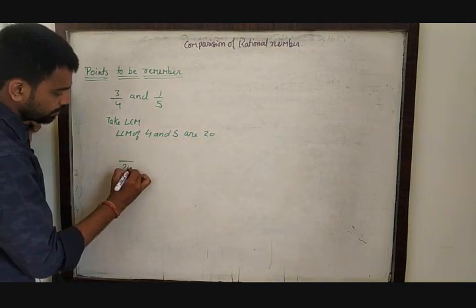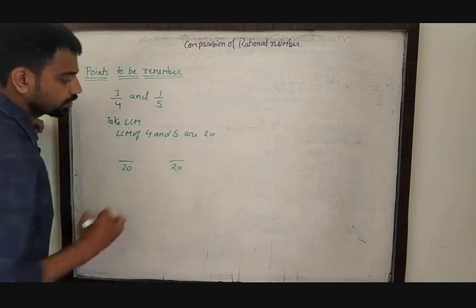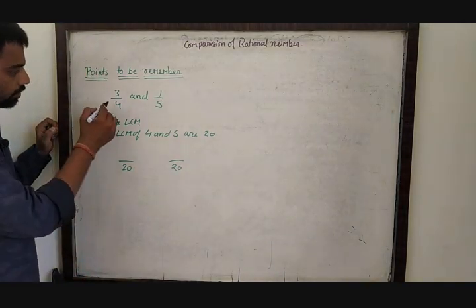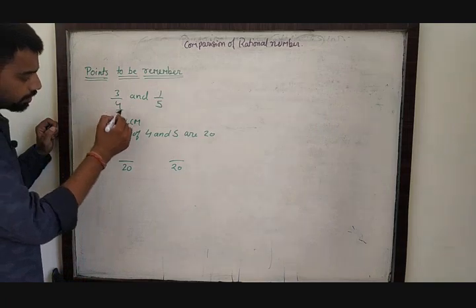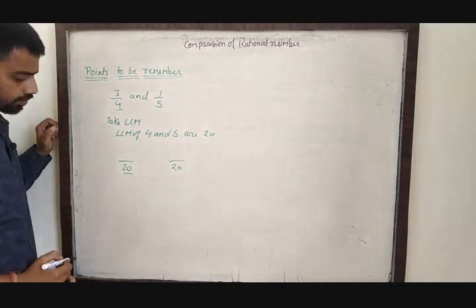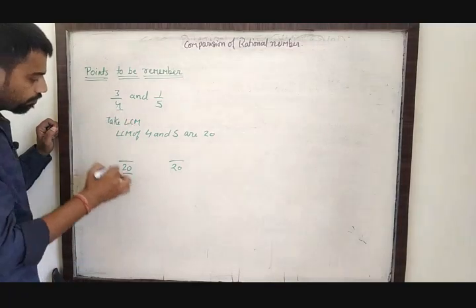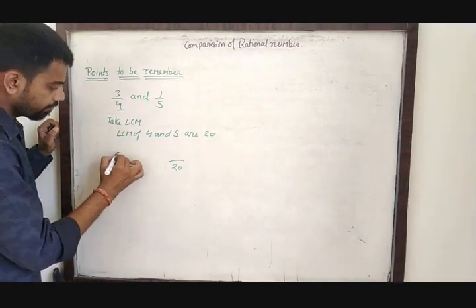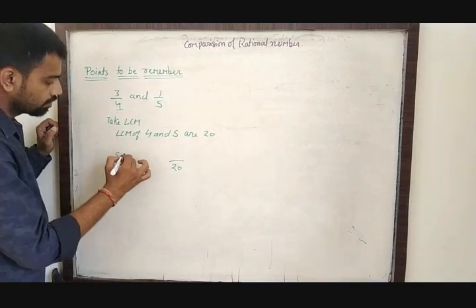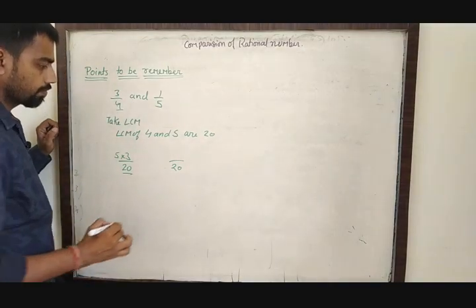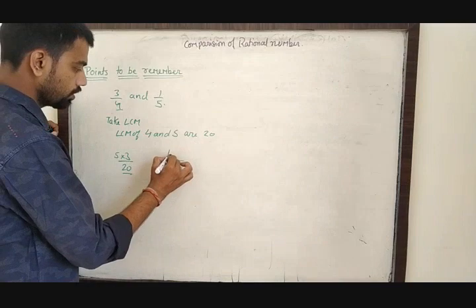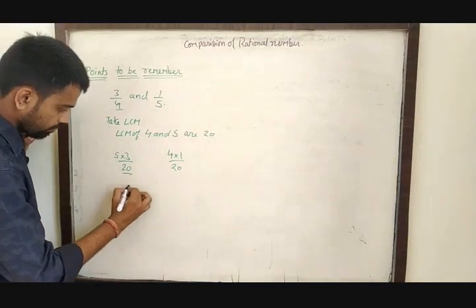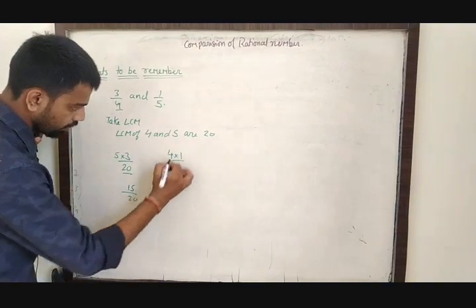Replace both by LCM only. Now here it is 4, here it is 20. 4 5s are 20. So we will write 5 here and multiply it with the numerator 3. Now 5 4s are 20, so 4 into 1. It will be 5 3s are 15 over 20 and 4 1s are 4.